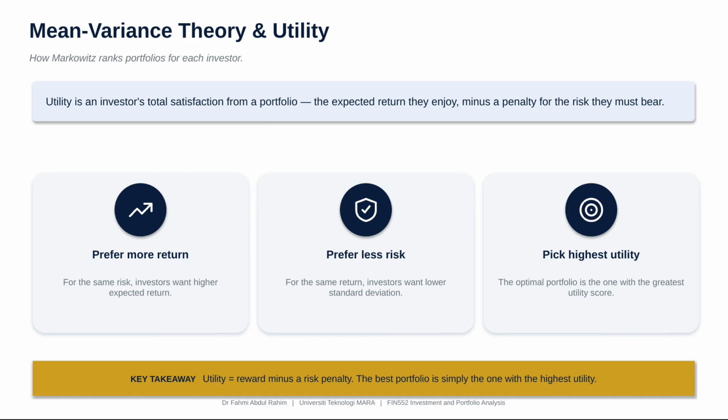The optimal portfolio is simply the one with the greatest utility score, because that is the one giving the most satisfaction once both return and risk are accounted for. The takeaway, utility equals reward minus a risk penalty, and the best portfolio is simply the one with the highest utility. Now let us see the actual formula.